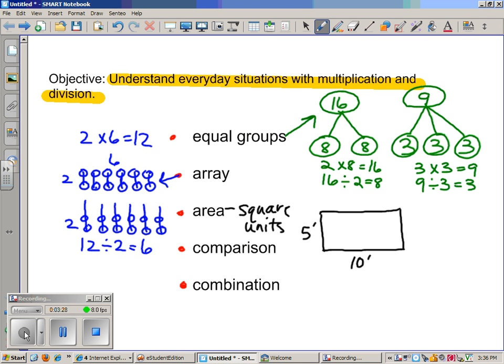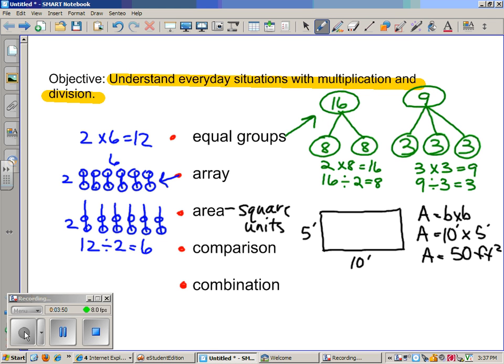And so then you would use that model for area equals base times height. So the area then would equal your base of 10 feet times your height of 5 feet. So your square feet then, or your area then, would be 50 square feet.